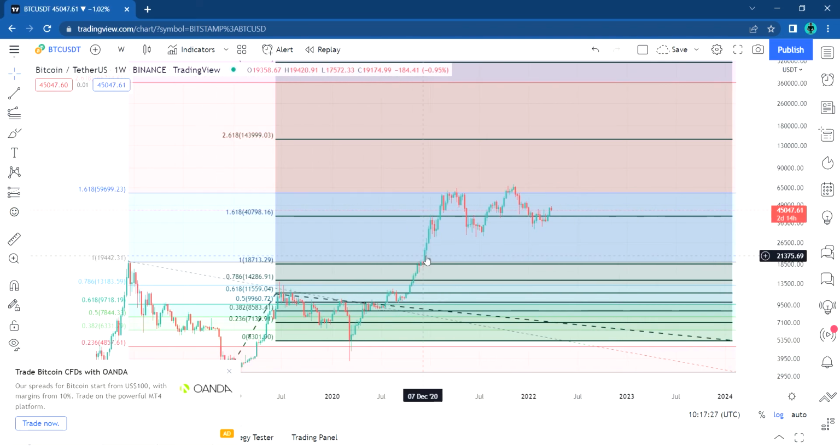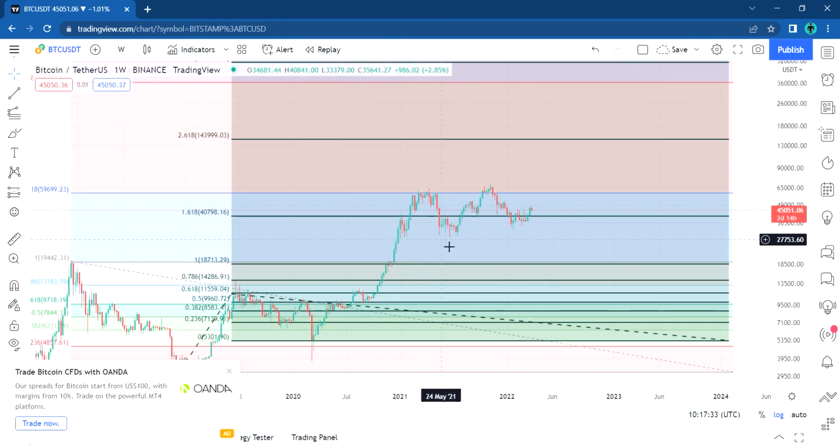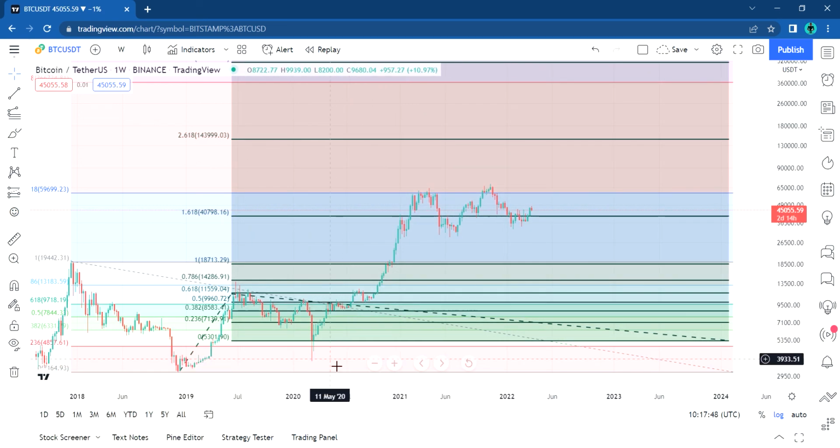So again, now you can see that after the longer term top here, we had periods of being underneath this resistance or support line. And you can draw multiple versions of this if you want to get greater detail.